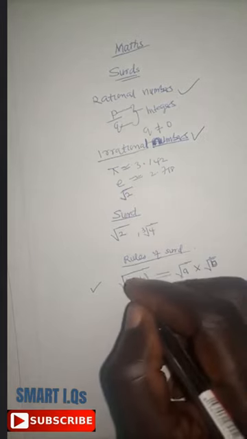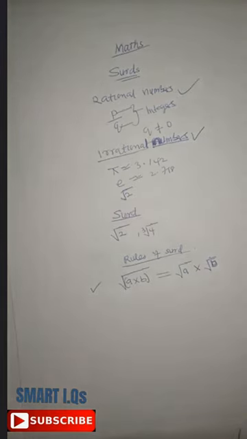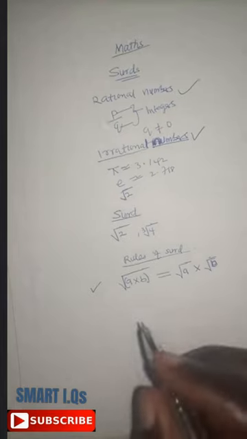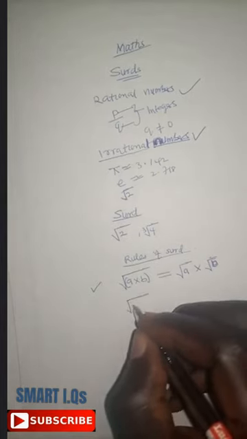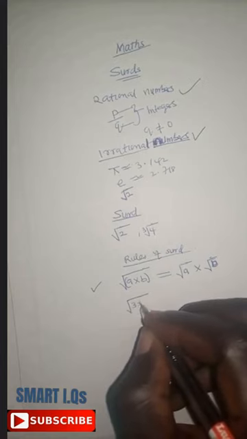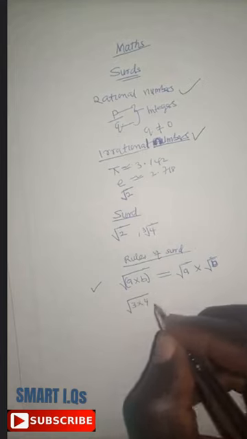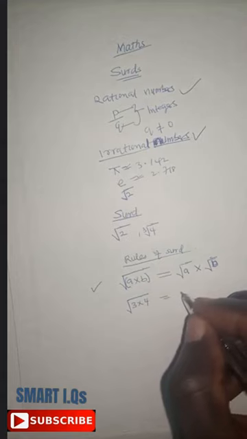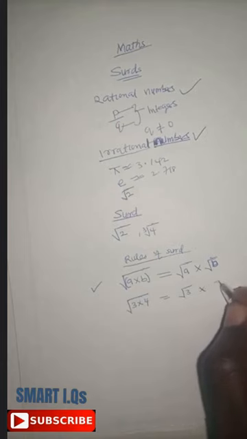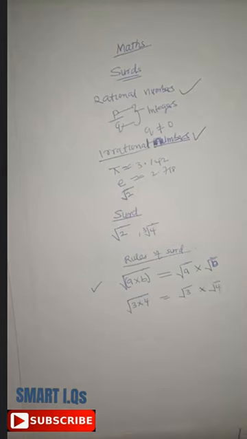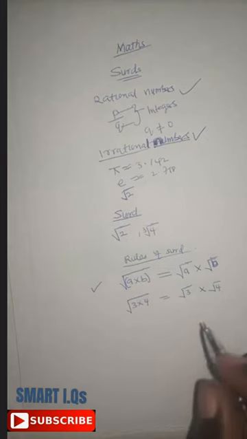If I have the square root of 3 multiplied by 4, this is going to be expressed as the square root of 3 multiplied by the square root of 4.